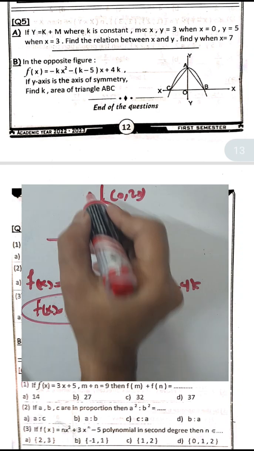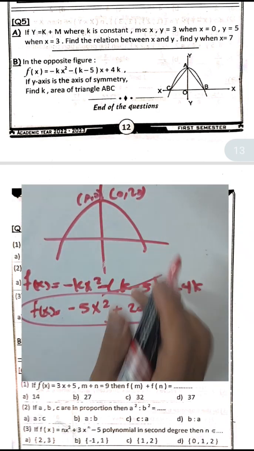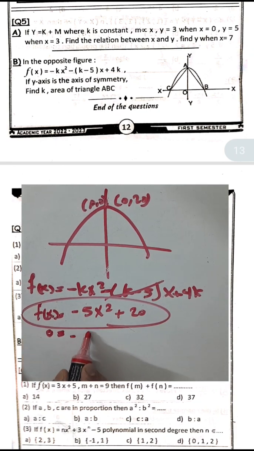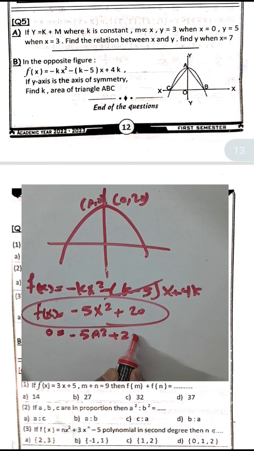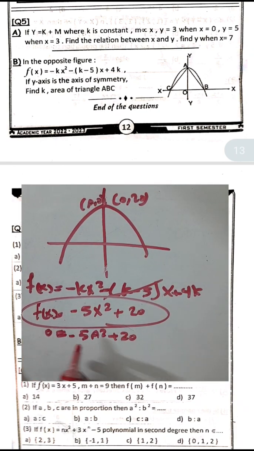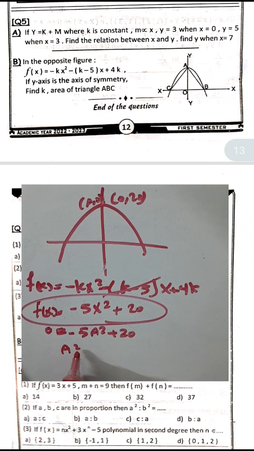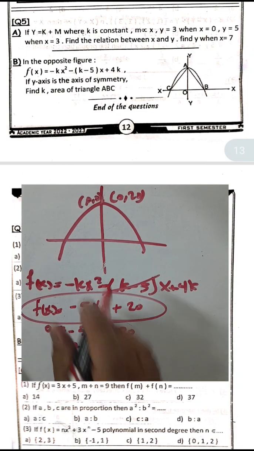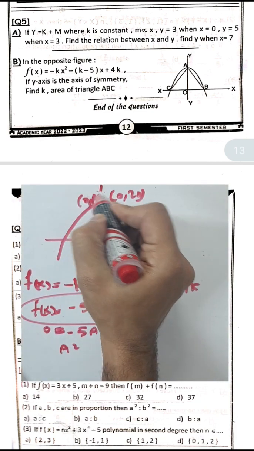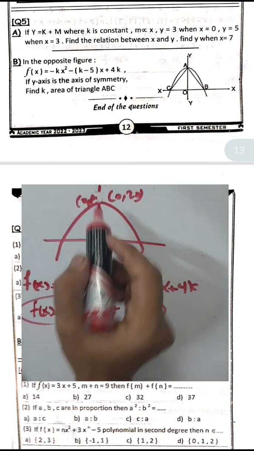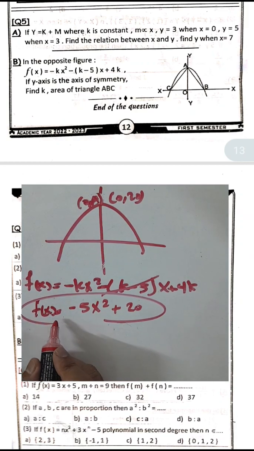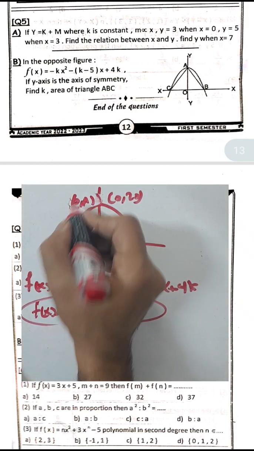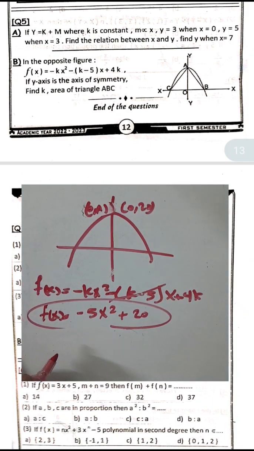This point would be (0, 20). Why? Because this point will be (0, a), with x equal 0, so a equals 0 plus 20, then a here will be 20.